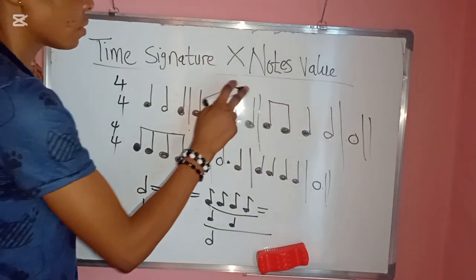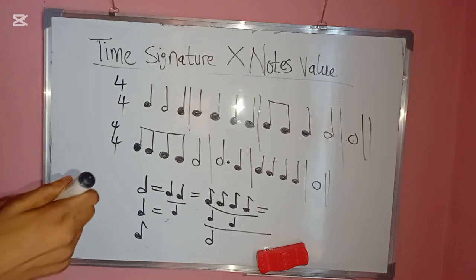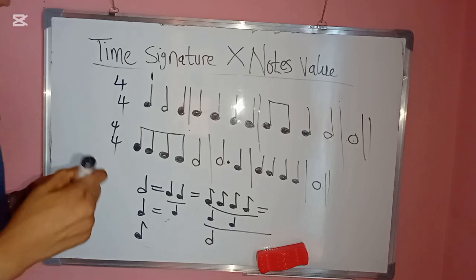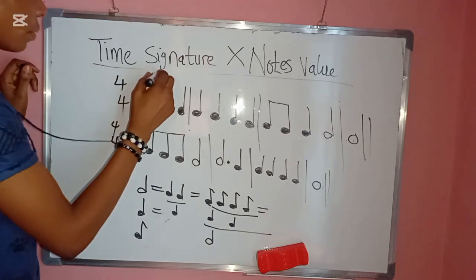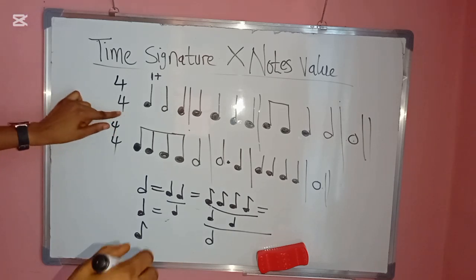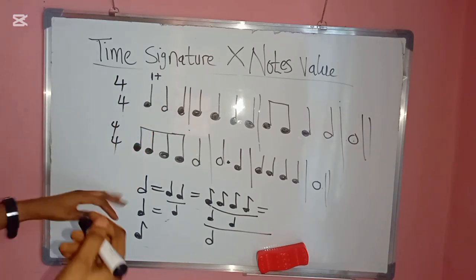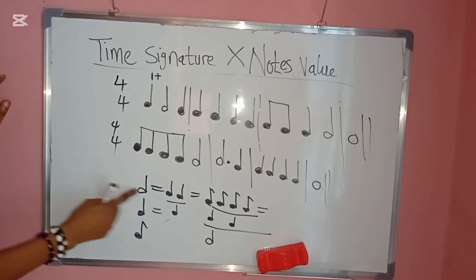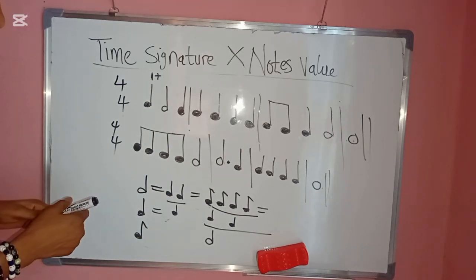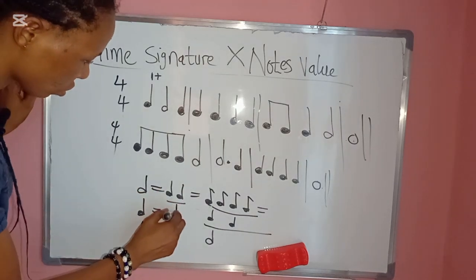Okay, so here we have crochet. And what is the value of crochet in this time signature? It's 1. And what is the value of minim in this time signature? The signature is 4. So what is the value of minim for crochet? Let's look at this. 1 minim is equal to 2 crochets.